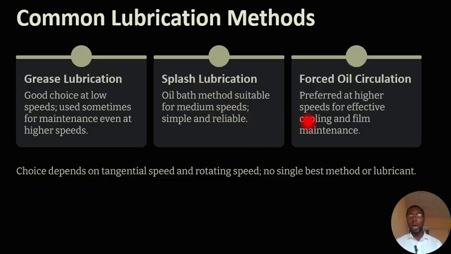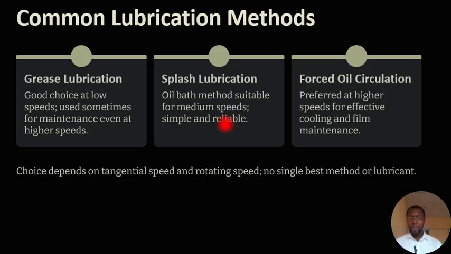There is no one that is the best among them. It depends on the purpose for which you are using the gear, whether to increase speed, or reduce speed and increase torque, whatever the purpose may be, that will determine the type of lubrication method to be applied.